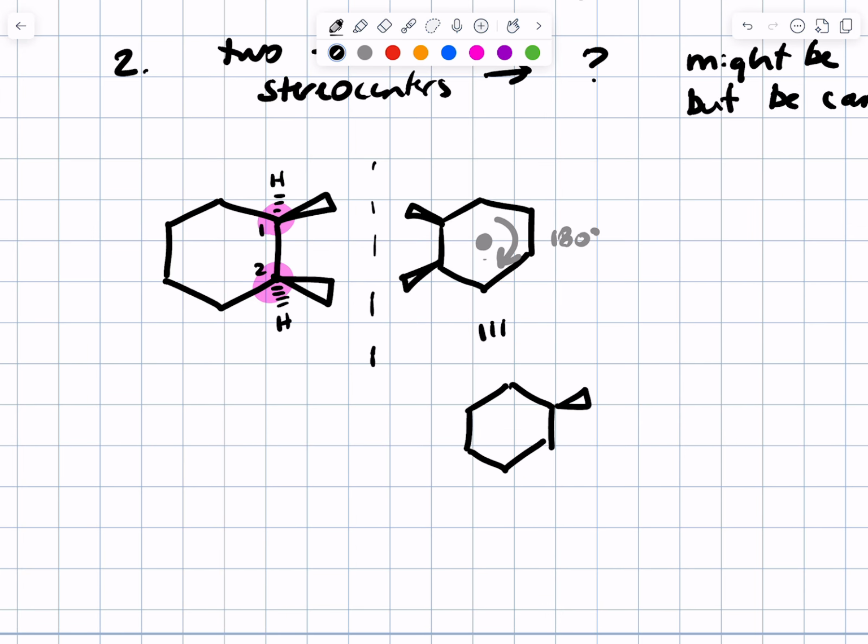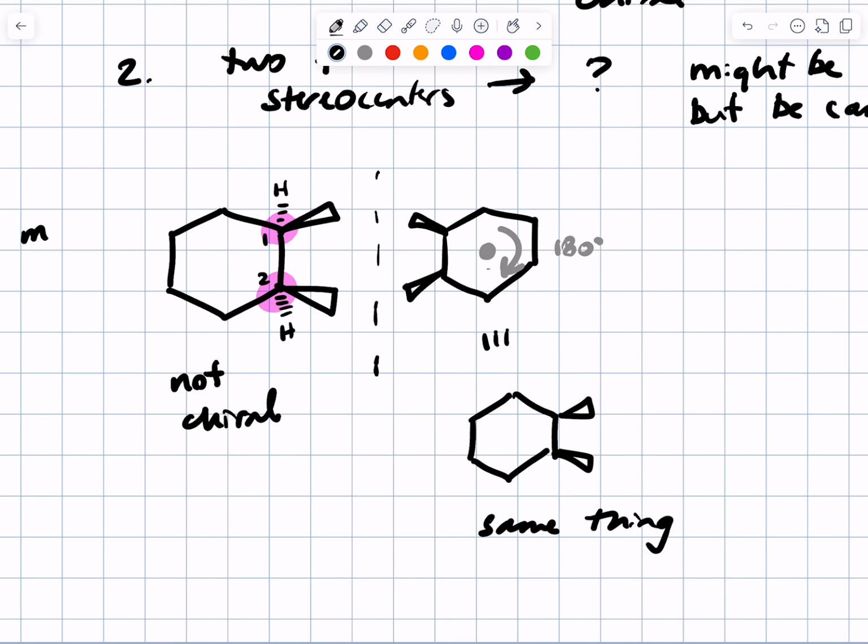Gasp. It's the same thing. If a molecule is the same as its mirror image, then the molecule by definition is not chiral. A molecule that has stereocenters but is not chiral, we call a meso compound.